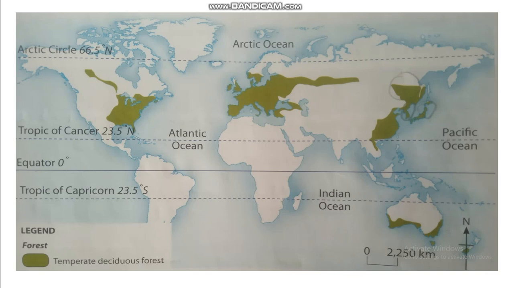Temperate deciduous forests are located in mid-latitude areas, which means that they are found between polar region and tropics.